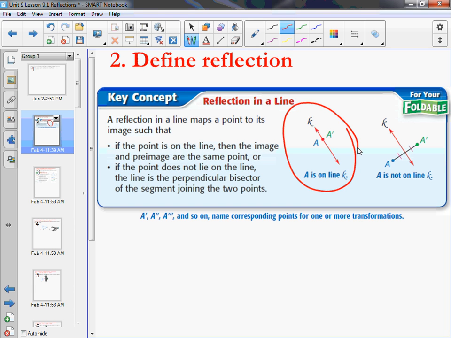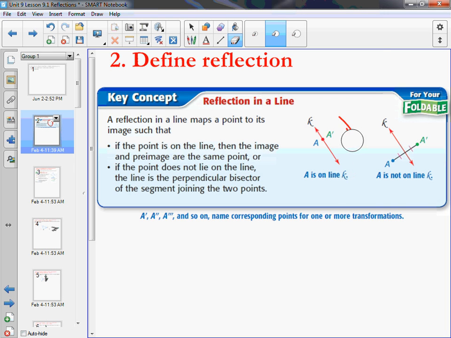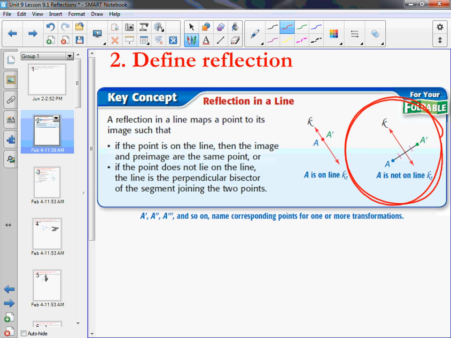Now here's the one that we're going to do a whole lot more of. If the point does not lie on the line, meaning the line of reflection, the line of reflection is the perpendicular bisector of the segment joining the two points. Here's an example of that. A is not on the line of reflection.